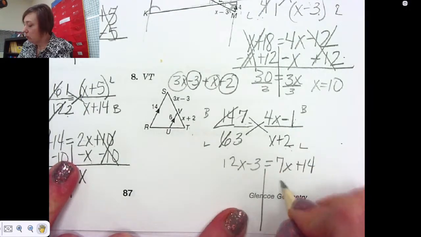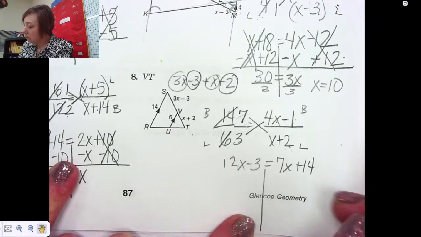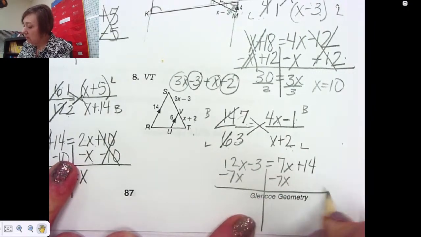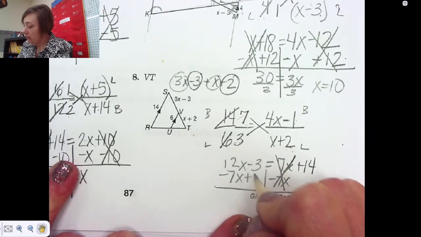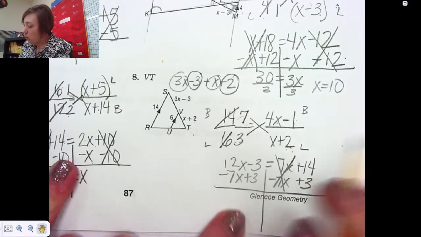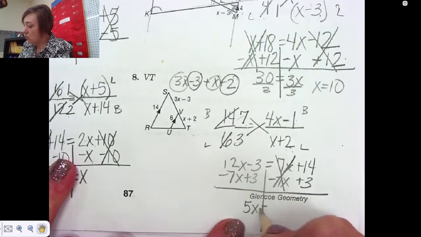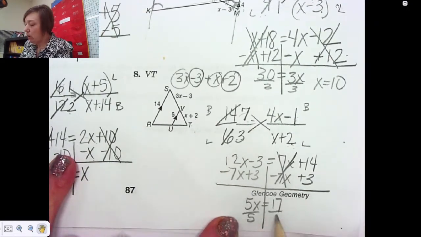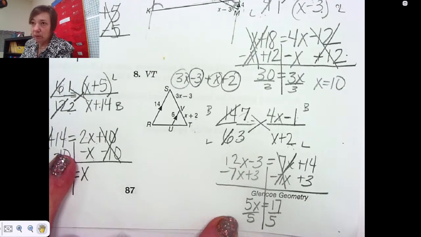Okay. So what are y'all moving? 7x. Moving the 7x. Okay. And add the 3. So you wind up with 5x equals 17, right? So when you divide by 5, you know you're not getting a whole number.